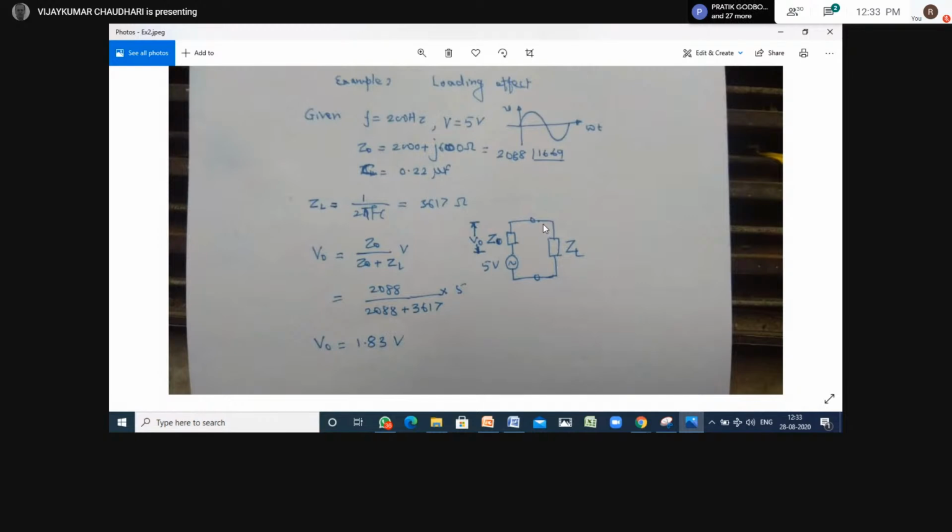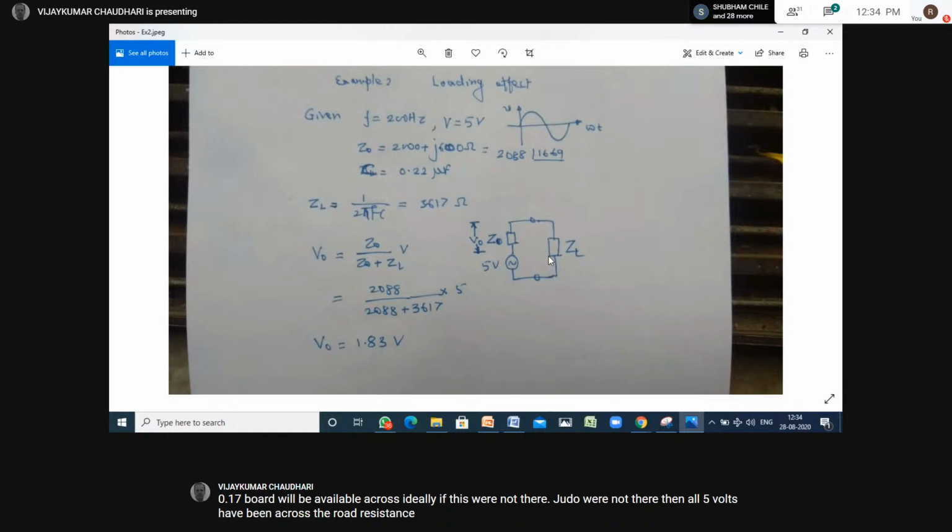Of course, the remaining voltage, 3.17 volt, will be available across the load. Ideally, if ZO were not there, then all 5 volts would have been across the load, and there would be no loading effect as such.